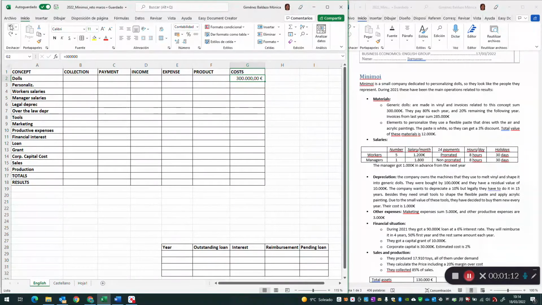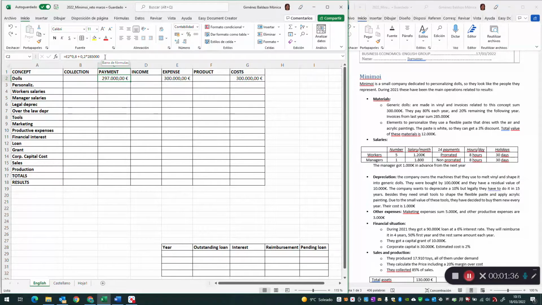We relate it to the productive department, which means it's an expense. And finally, we arrive at the payment. Since they pay in two parts, we have to add the part they pay this year, 80% of the 300,000, plus what is remaining from the previous year, 20% of the 285,000. So you can see here on top.